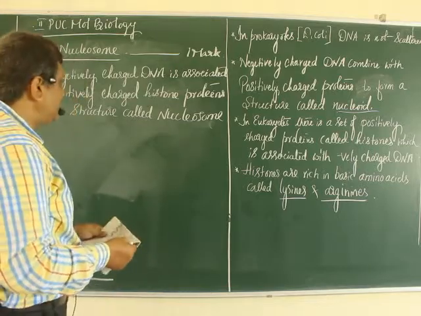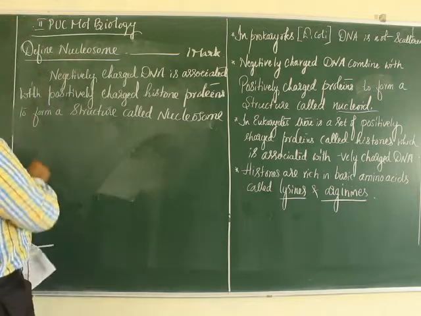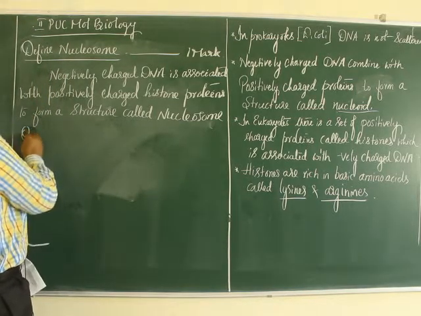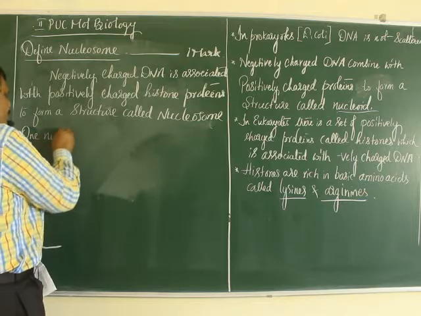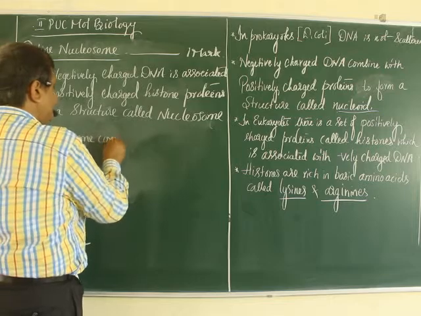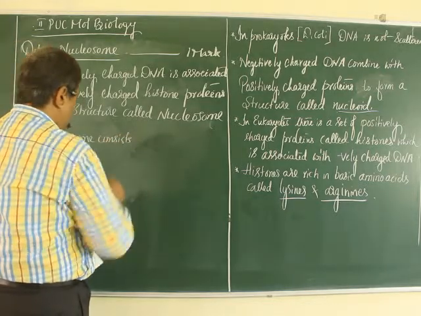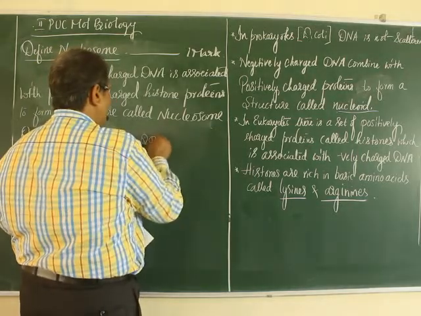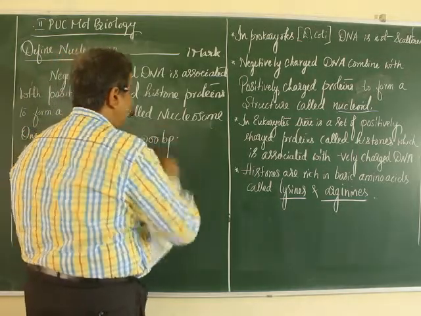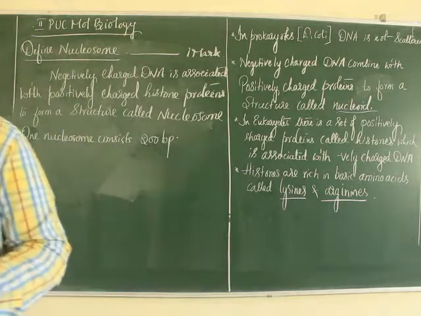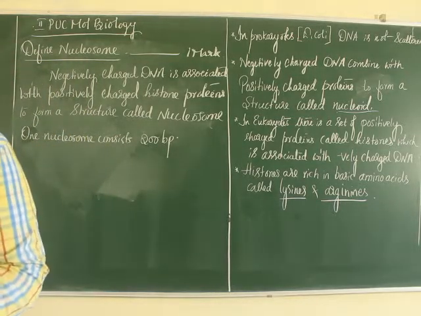If you write this much, that is enough. One nucleosome consists of nearly 200 base pairs.